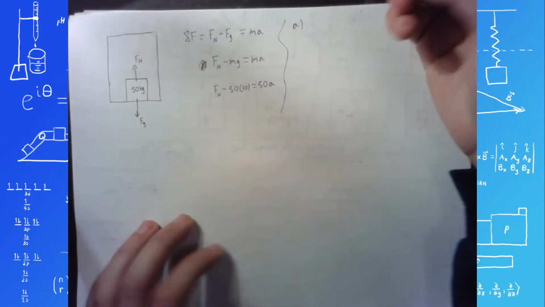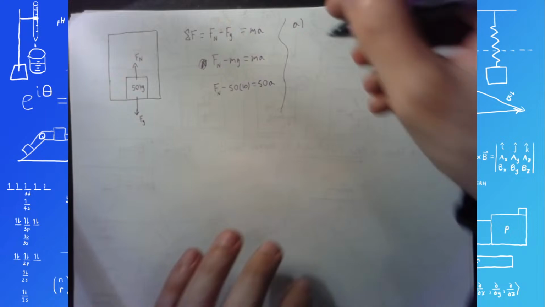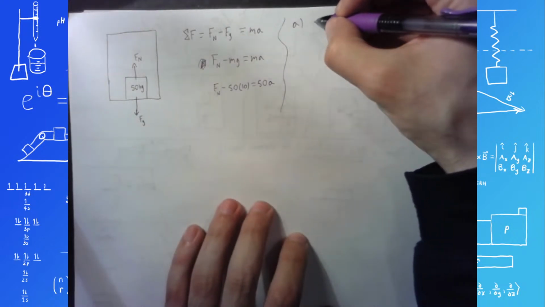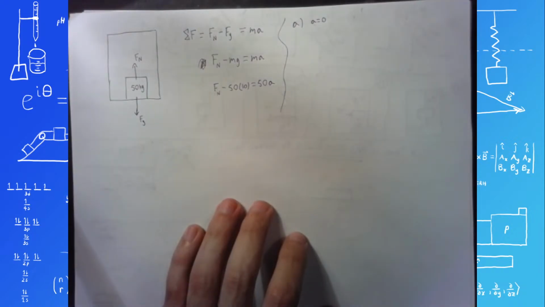So part A says, find the normal force on the block when the elevator is stationary. That means it's at rest and also not accelerating, which is the more important thing. So part A, when the acceleration is equal to 0, basically.